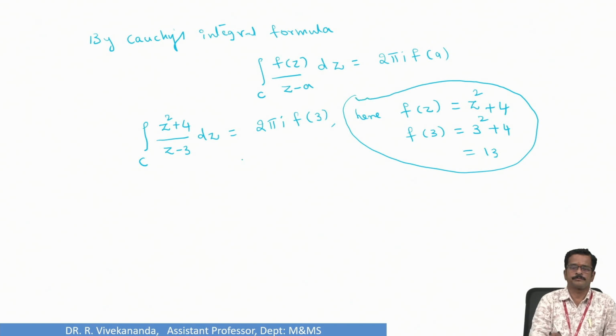So 2 pi i into f of 3, which is 13, gives 26 pi i. So this is the integration of (z square plus 4) by (z minus 3) dz. This is for question A.